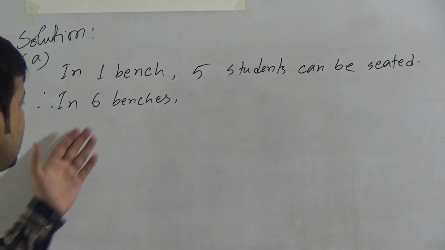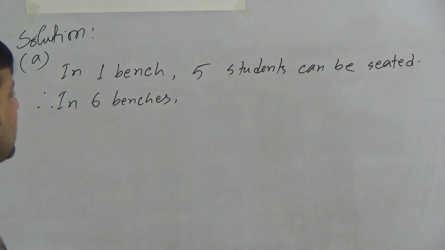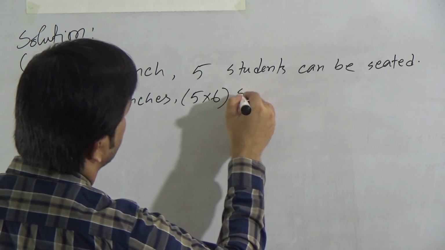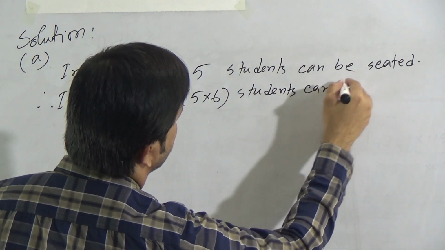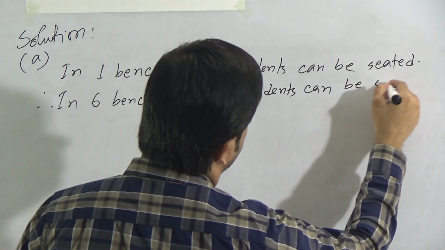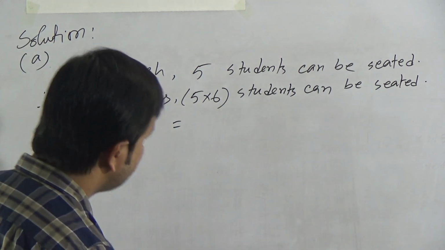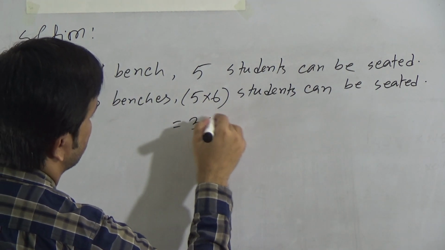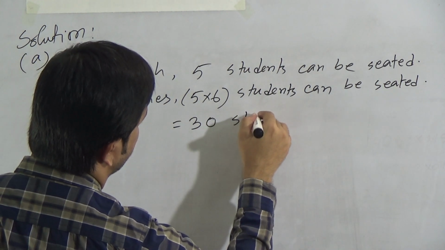So in 6 benches the number of students will be the product of 5 and 6. So we can write 5 multiplied by 6 students can be seated. If we multiply here, we will get 5 6s are 30. So you can write 30 students can be seated.